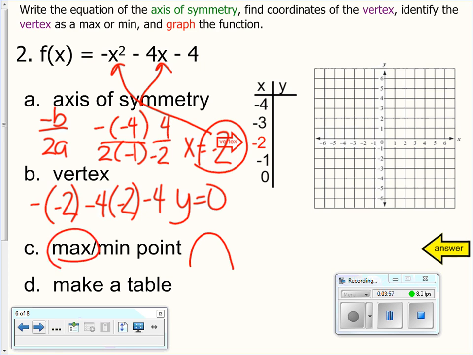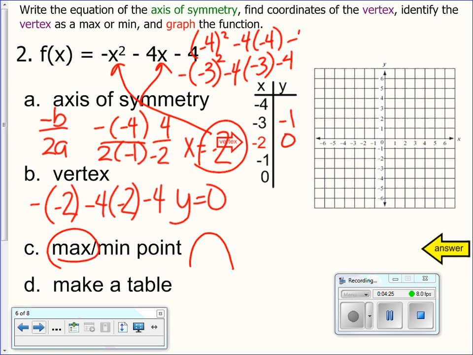I'm going to start with my vertex in the middle, so negative 2, 0. If I plug in negative 3, so I have negative times negative 3 squared minus 4 times negative 3 minus 4, that gets me negative 1. If I plug in negative 4 here, negative 4 squared minus 4 times negative 4 minus 4, all of that together equals negative 4.